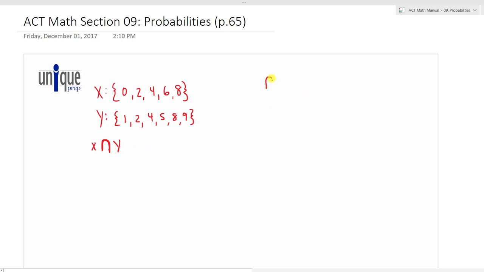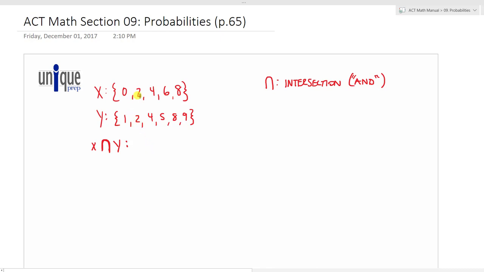That weird symbol is known as the intersection symbol, intersection. It is equivalent to an AND statement mathematically. And what that means, x intersection y, is we want the set that includes the values where x and y overlap, the intersection of these two sets.